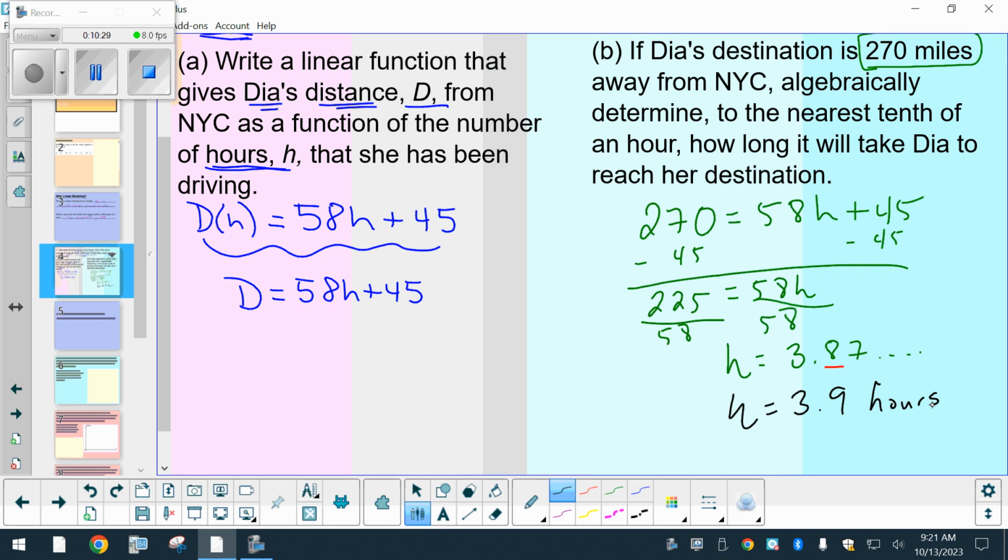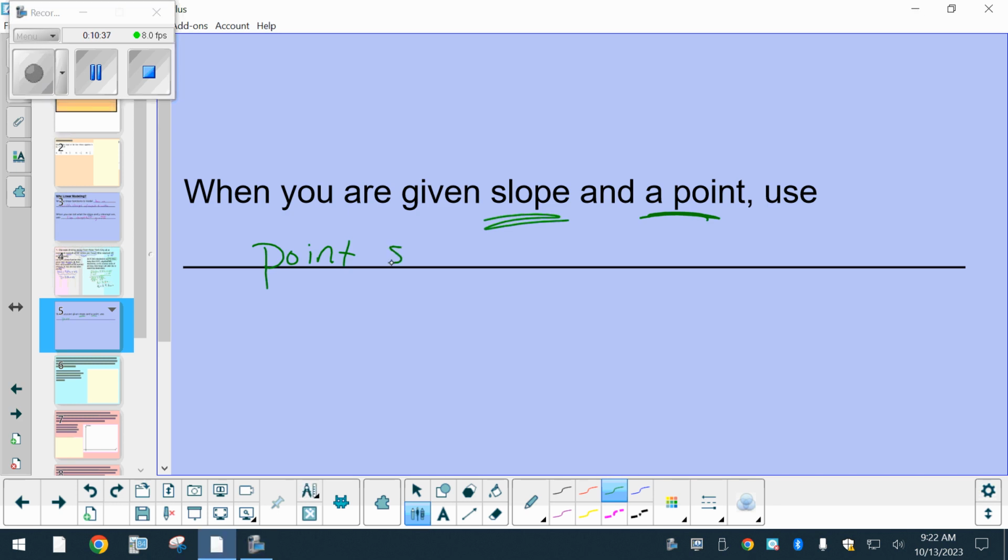Okay, so that's using your y equals mx plus b, which is the y minus y1 equals m times x minus x1.